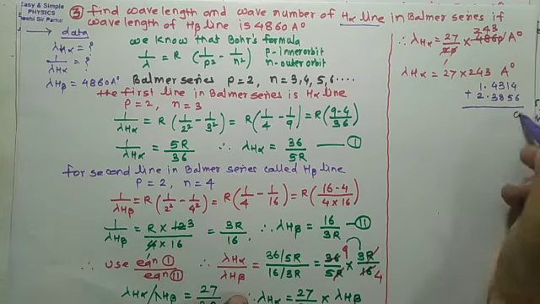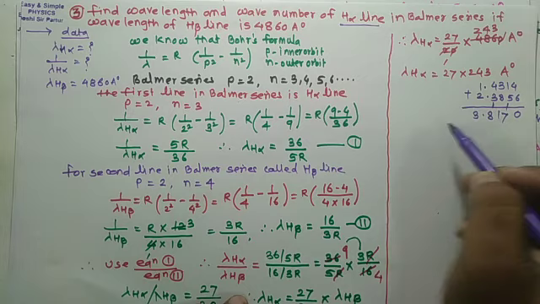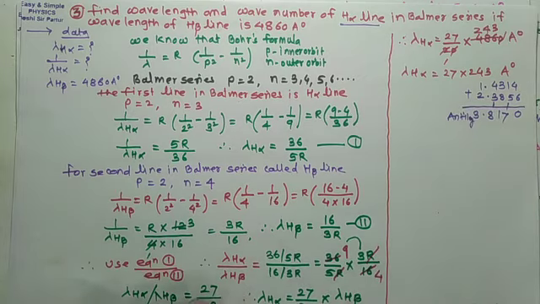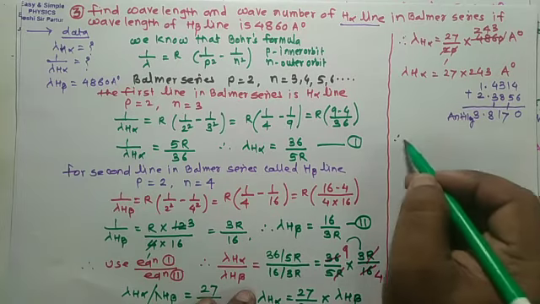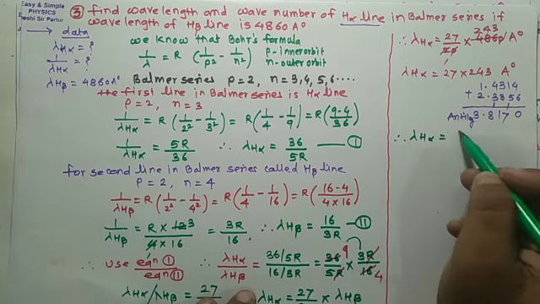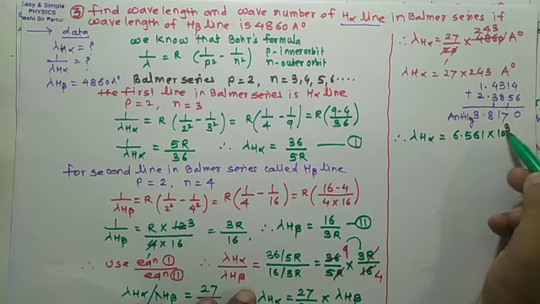If we add, it is 3.8170. Take its antilog. Therefore lambda H alpha is equal to 6.561 into 10 raised to 3 angstrom unit.